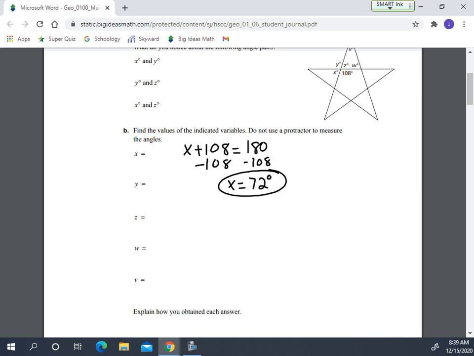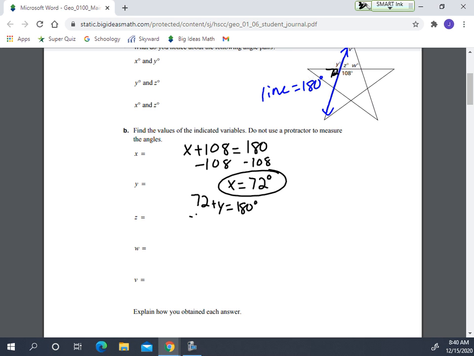Next one, y. What does y equal? Well, a couple ways to find this. We can say x and y are both on this line, and again, this line equals 180 degrees. Well, if x is 72, then 72 plus y is equal to 180 degrees.